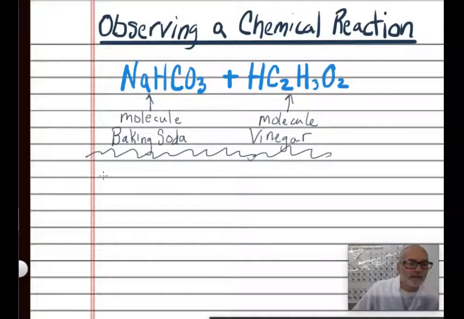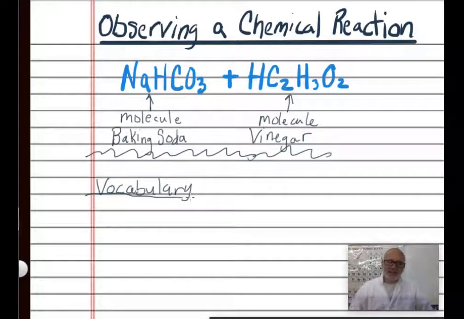And we're going to write down here vocabulary. Because to do this lesson, I need you to know some of these scientific terms. But first off, let's talk about observation. We already covered observation a little bit.